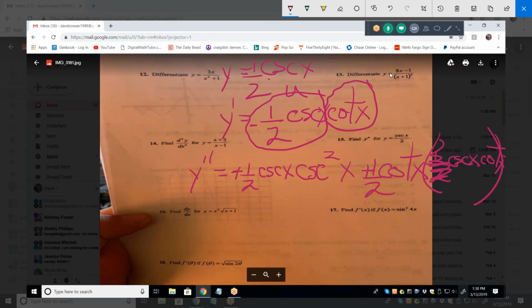Cosecant x, yeah. You can factor out one cosecant x. I don't see the advantage of doing it if I can't simplify it. It's all determined by whether you can simplify it or not. Okay. All right. So that's the end of the half hour.